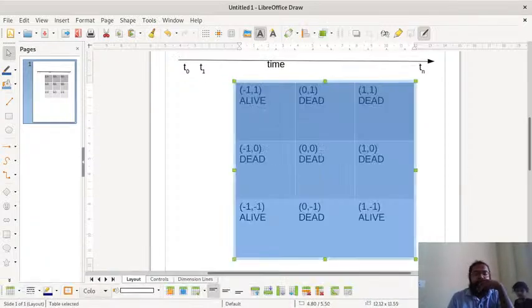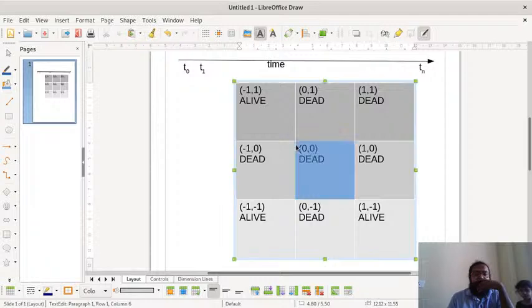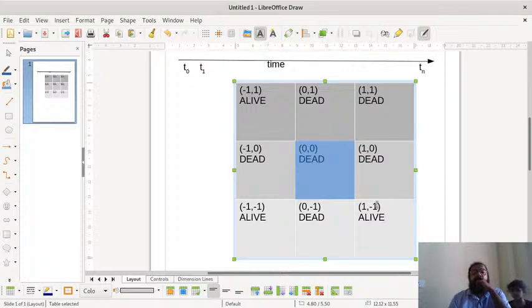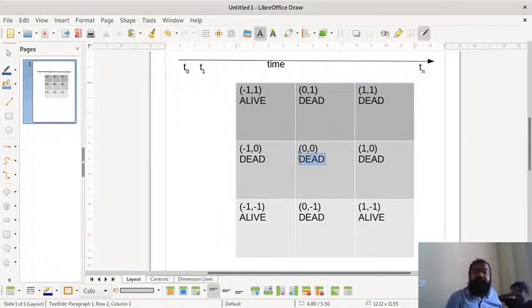If we are looking at this particular cell, which is a dead cell, and we look at all the neighbors, we see that 3 of them are alive. If there are exactly 3 neighbors who are alive, then this cell will become alive at Tn plus 1, correct?